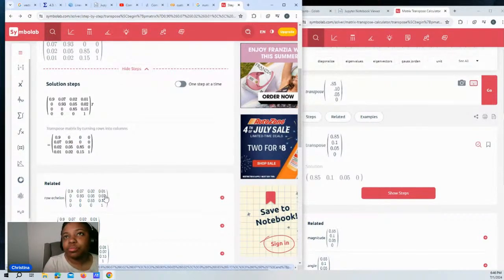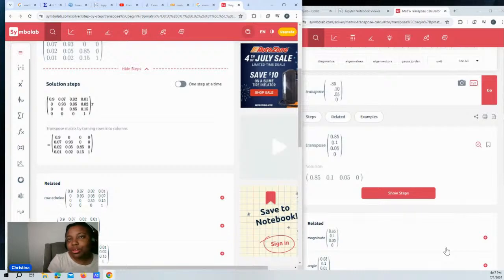Even if I take 0.7 times point, that's 0.07 plus 0.93 times 0.10. That doesn't make any sense.